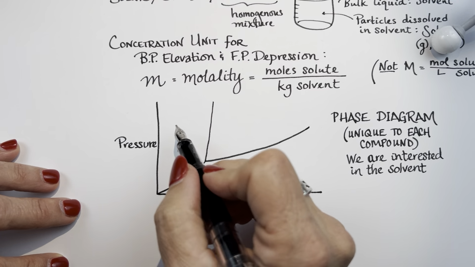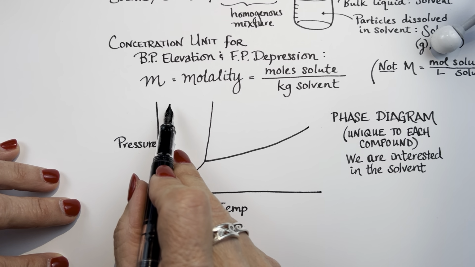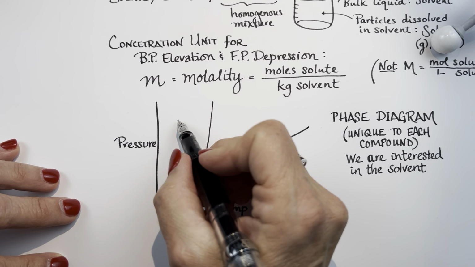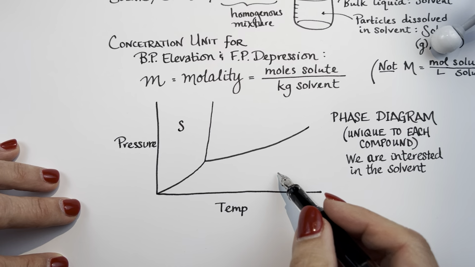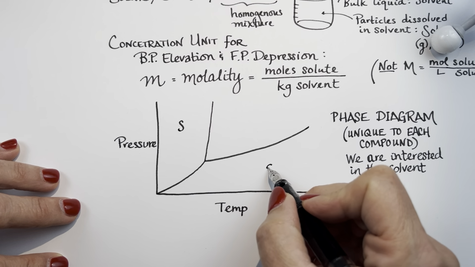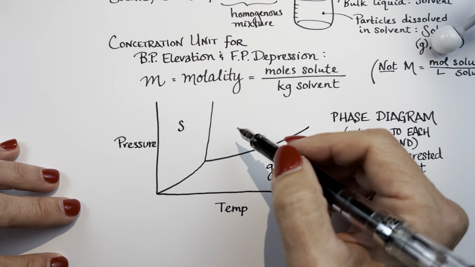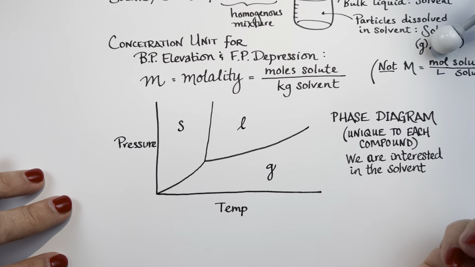All right. Over here, the higher the pressure, the higher the likelihood we're going to see solid phase. As temperatures go up at low pressure, we would expect to see gas phase. And here is where the liquid phase shows up.